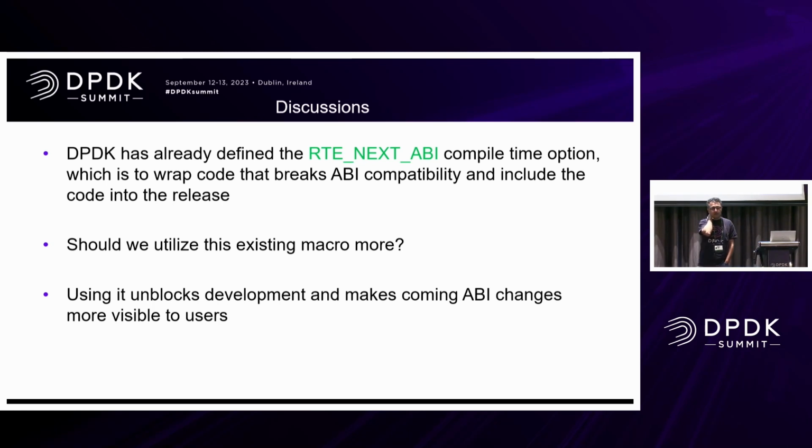The idea is that whatever requires ABI breakage, let's add it in the DPDK release with this macro so that it can still be in the release and still be visible. Of course, it won't be enabled because it will break ABI for other users, but it can help include your ABI breaking changes earlier. Does it make sense?